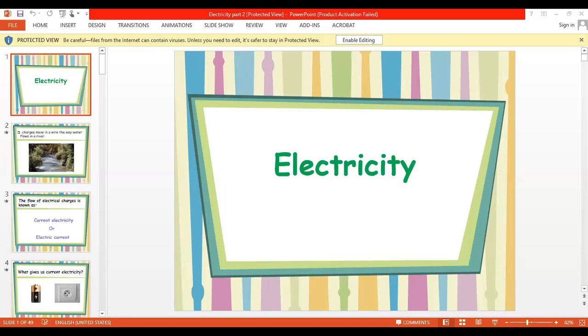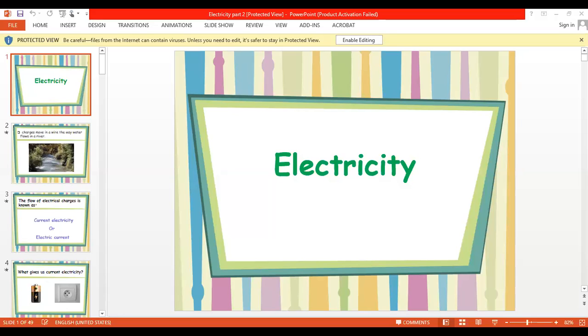It's not complete. There is a missing part. The circuit is incomplete, so the electricity will not flow. Yes, it's incomplete and it's missing a part. What part is this circuit missing? The battery. The battery, exactly. The power source.